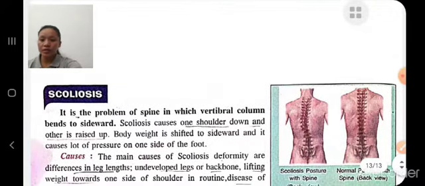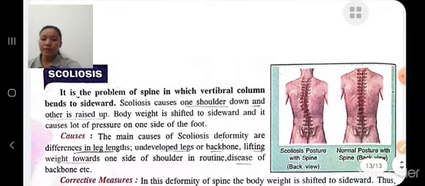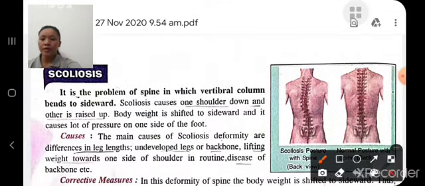Scoliosis. Scoliosis is a problem of the spine in which your vertebral column is bent sideward, like this, sideward. Scoliosis causes one shoulder to go downward and the other shoulder to rise up.